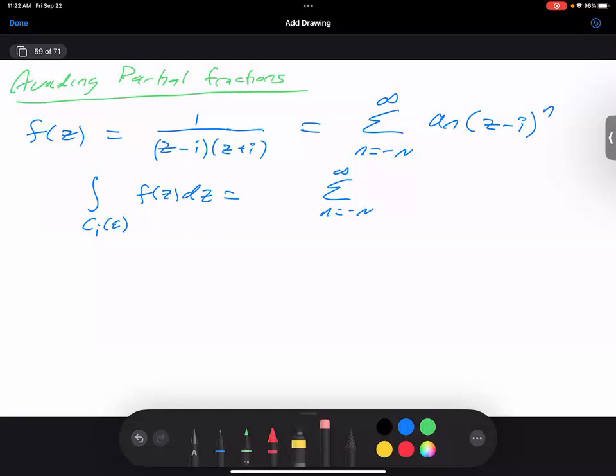It would just be the sum n goes from minus n to infinity of a_n, the integral over the semicircle of radius epsilon centered at i of (z minus i) to the n dz. Right? I'm basically just interchanging the sum and the integral. And we'll assume that we can justify all of this. I'm just trying to show you formally what we would be doing. And now, for those integrals, which is the only term that matters?